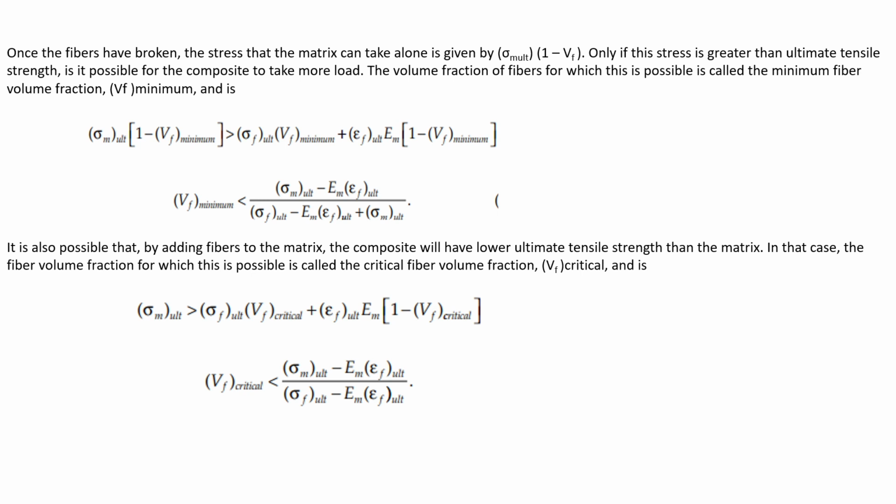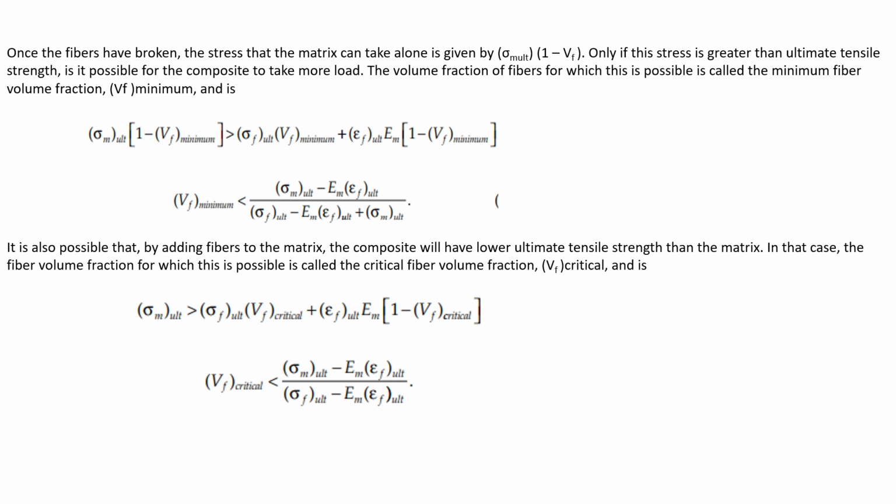So the volume fraction of fibers for which this is possible is called the minimum fiber volume fraction. The minimum fiber volume fraction is the amount of fiber volume fraction such that the ultimate strength is lesser than the strength of the material even after all the fibers are broken, and we are reaching the ultimate strength of the matrix. At that time, we will get the minimum fiber volume fraction.